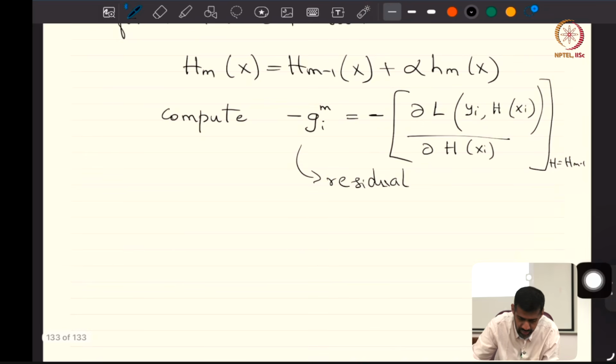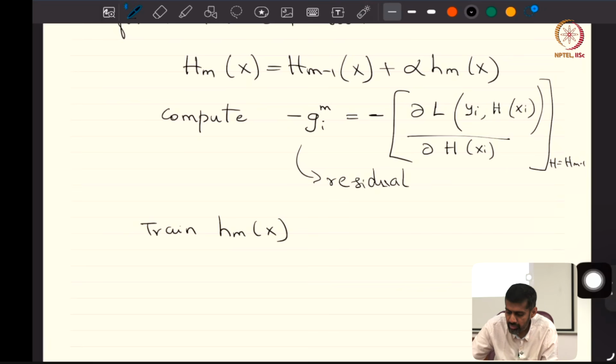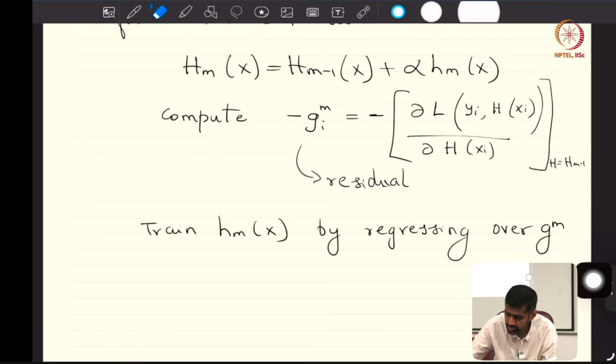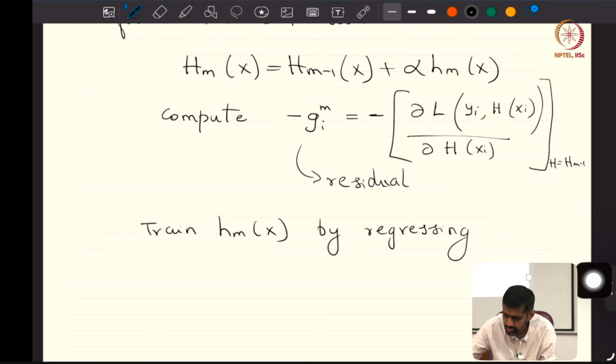We have to compute this for all samples, then train hm of x by regressing over gm, the negative of gm. Please note that I have left the subscript i here because I am doing it for the entire data set.